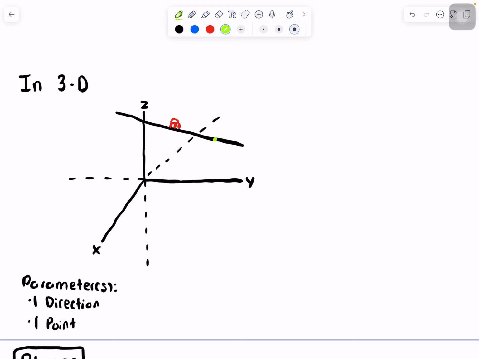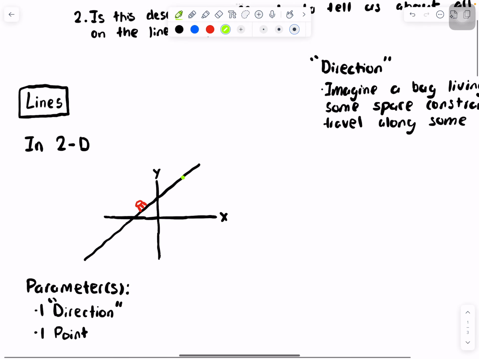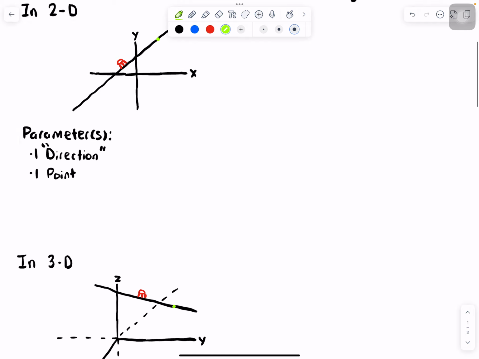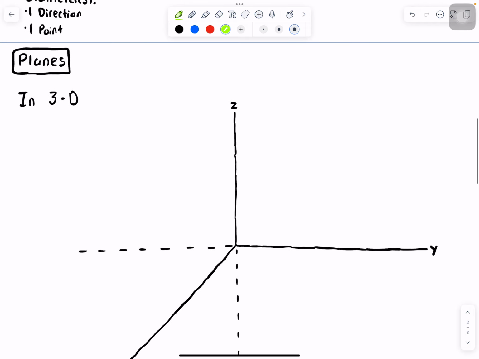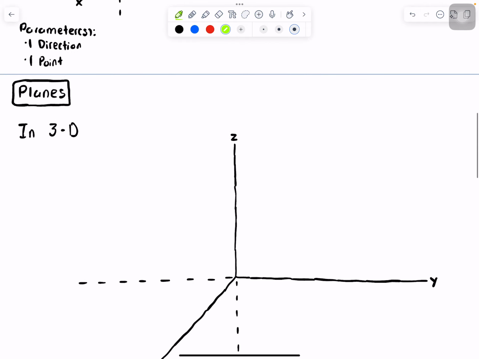Let's move on to talk about planes now. Okay, so for planes, obviously we can only talk about planes in 3 dimensions, because if we were to talk about them in 2 dimensions, that's the whole grid, right? That's the whole Cartesian plane.